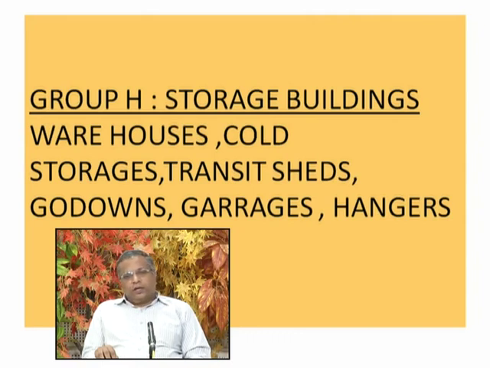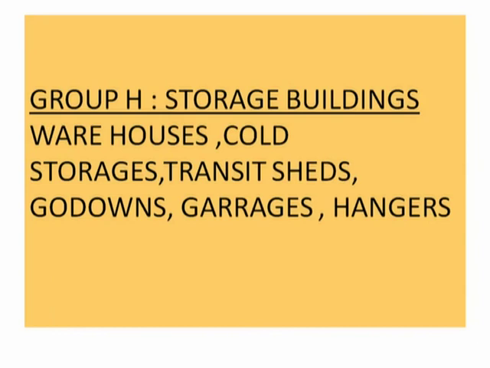Then another example is the cold storages. For preserving the agricultural products for a longer time, you require a cold storage. For the onions or the potatoes, this type of agricultural products, when they are produced on a large scale, this type of cold storages are constructed.